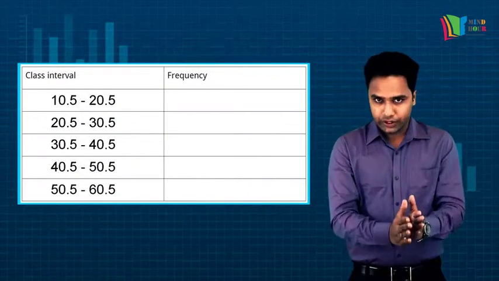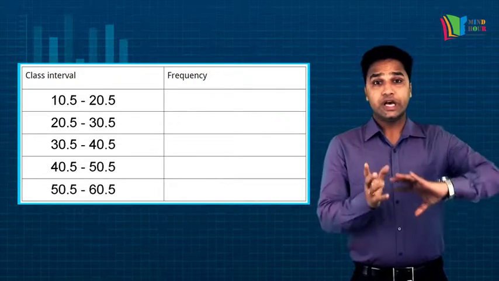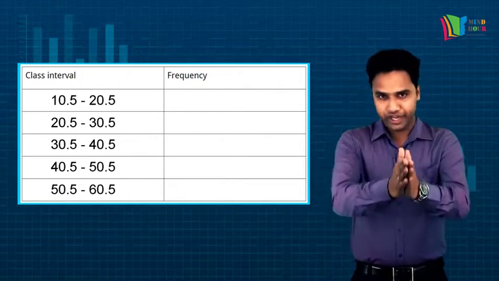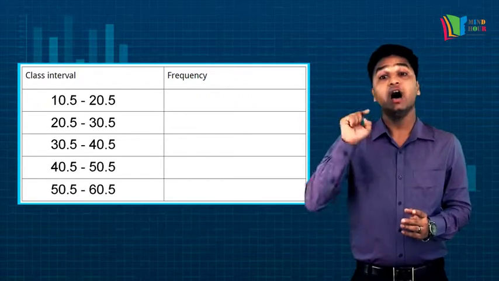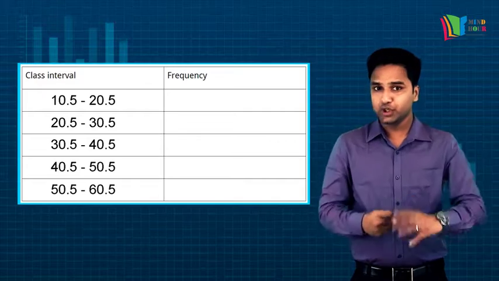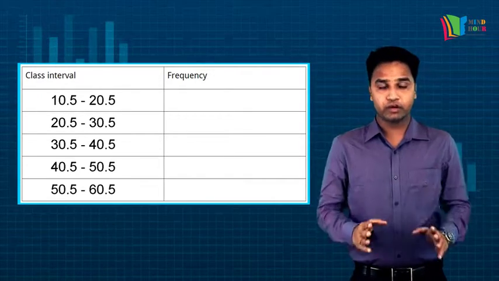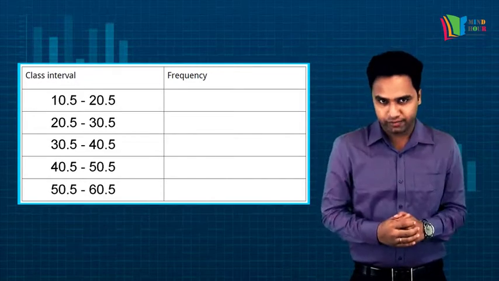For the first interval 11 to 20, the lower limit 11 becomes 11 minus 0.5, that is 10.5, while the upper limit 20 becomes 20 plus 0.5, which is equal to 20.5. Thus, the first interval becomes 10.5 to 20.5.